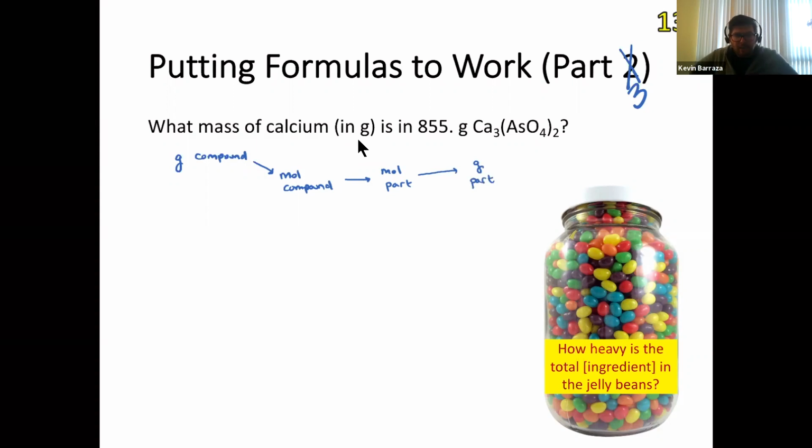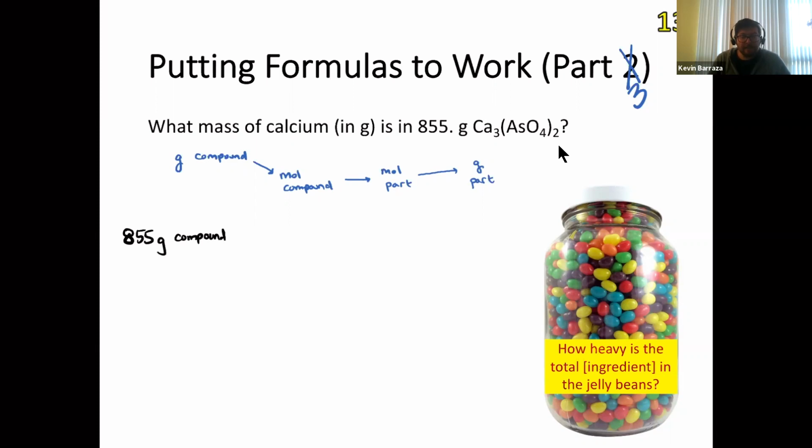So this is where the how heavy and how many comes into play. It's actually coming into play twice. So what we can first do is figure out, well, how many particles are in this substance. So that can be our first step. 855 grams of compound are present.